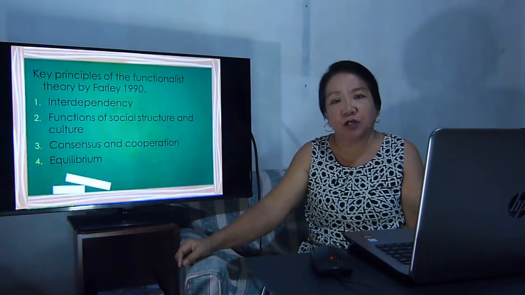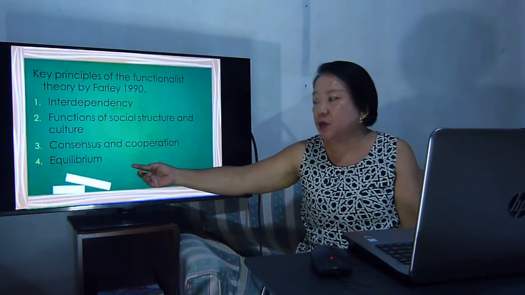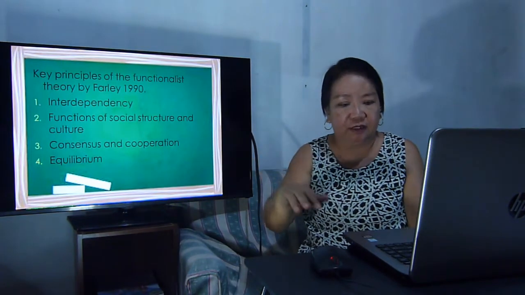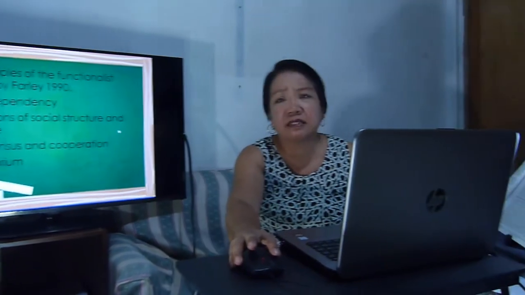Consensus and cooperation. There should be agreement, there should be cooperation, no? And equilibrium. Status of what? No conflict, no? No conflict. May mga conflict, but not to the extent na masisira ang organization. Okay? Now, this is the structural functional model according to Ritzer.